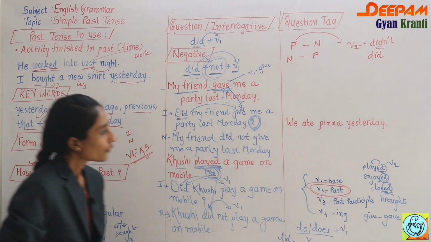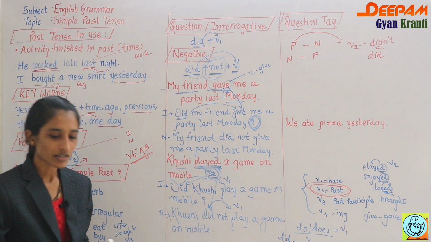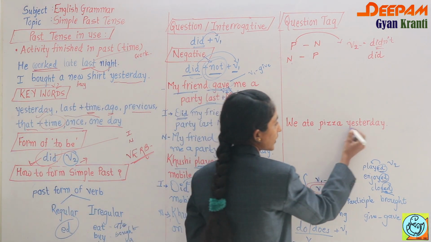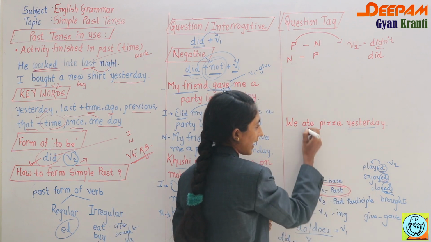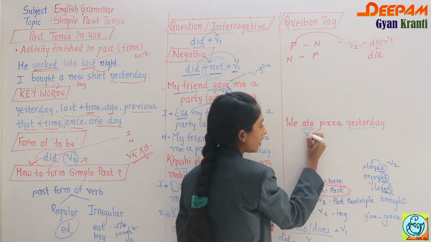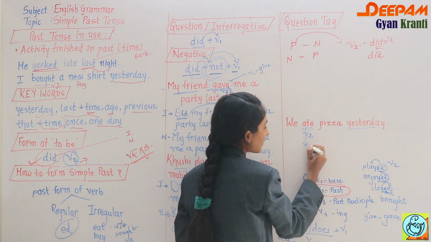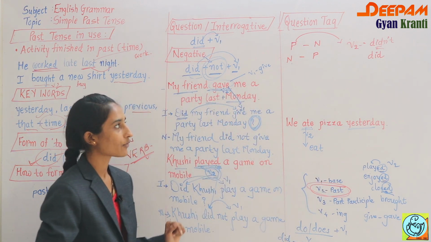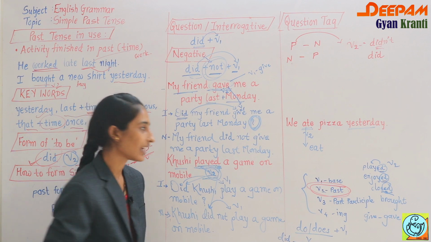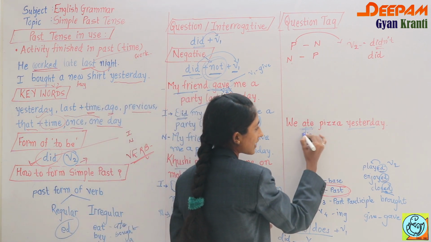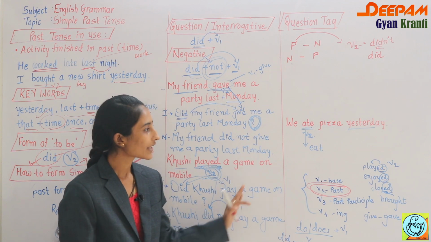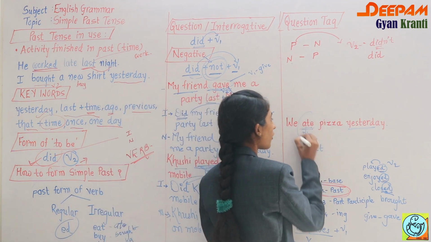And if didn't is given, that means our answer is did. Let's check. We ate pizza yesterday. How can you say which tense it is? Yesterday is a keyword, and ate is irregular and V2. So what is V1? Eat. Now the sentence is positive, that means my question tag is negative.